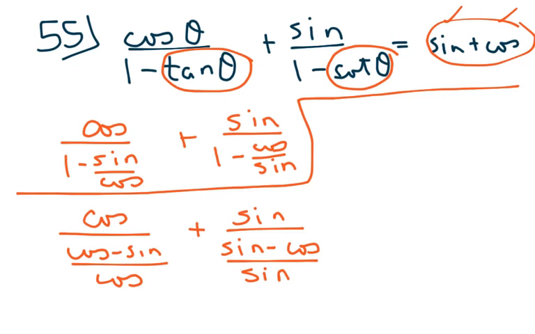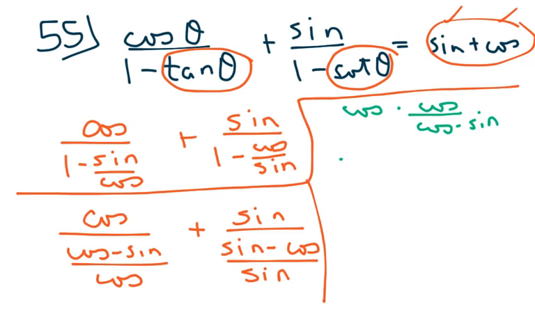Now if you do the division on this, I'll just do one of them. This is cosine times cosine over cosine minus sine.